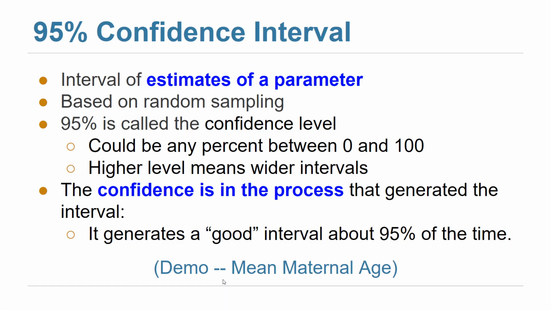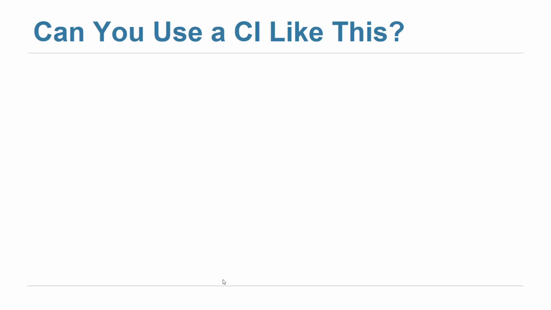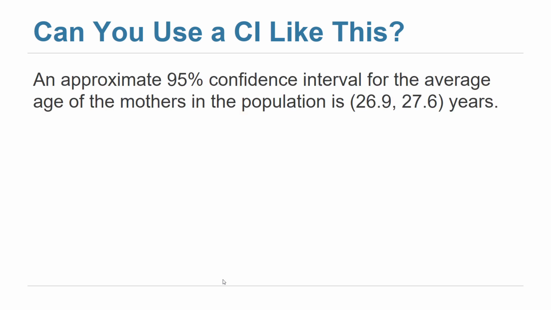Let's get back to the slides and talk more about the meaning of the confidence interval, how we can use the method, and also when we shouldn't use the bootstrap method. First, can you use a confidence interval in the following application? Let's say that we have computed the 95% confidence interval for the average age of mothers in the population to be 26.9 to 27.6.